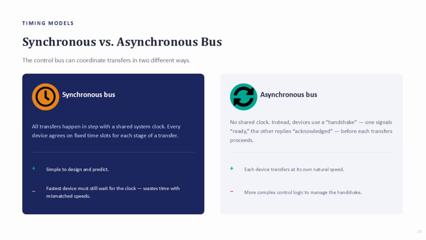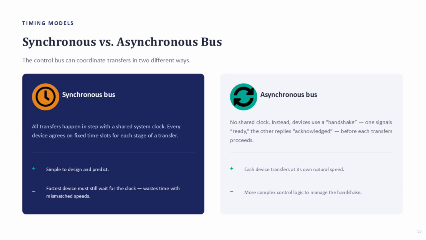The advantage is that each device operates at its own natural speed. A slower device doesn't force a faster device to follow a fixed clock schedule. However, this flexibility comes with a trade off. The control logic becomes more complex because every transfer requires this additional coordination. So let's summarize.